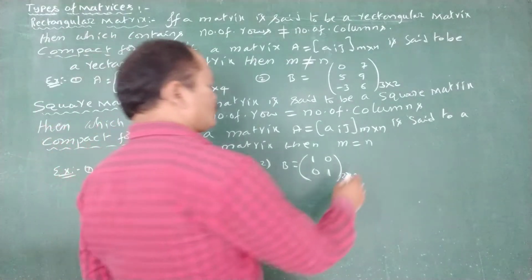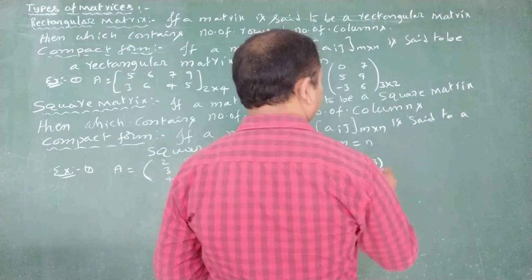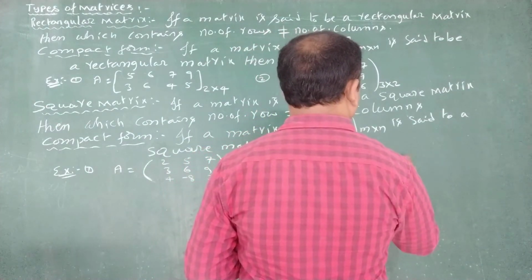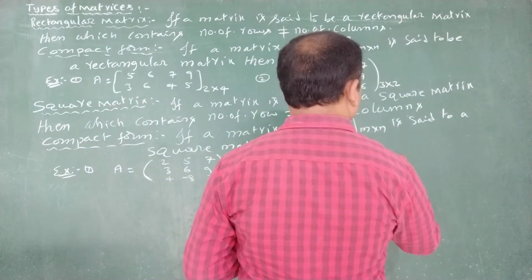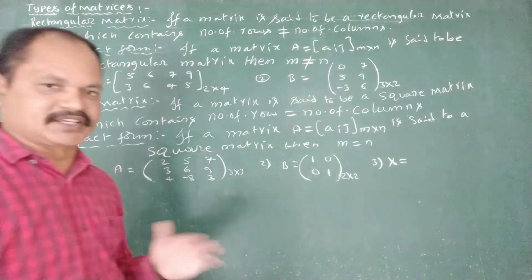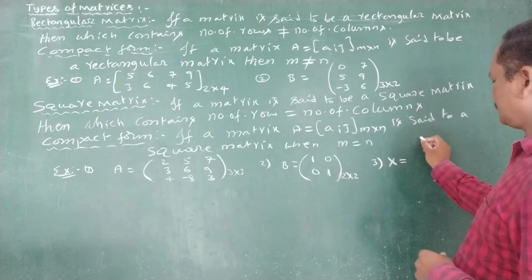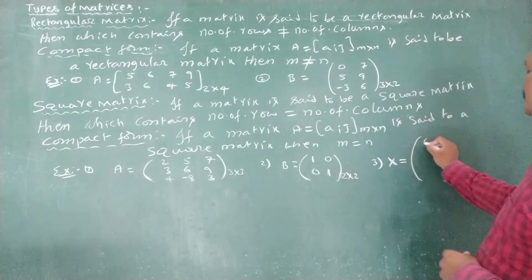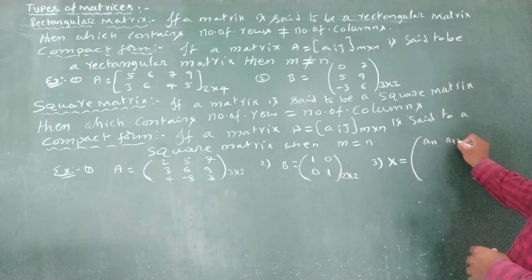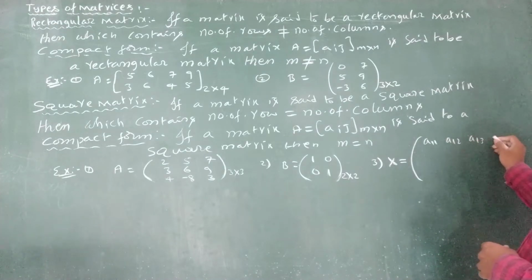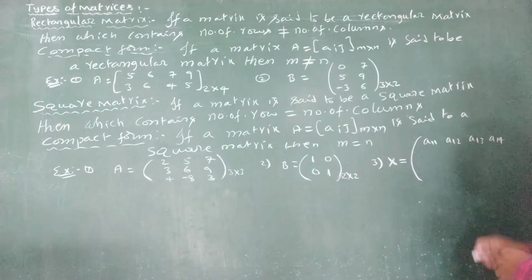Like that, we have to take example 3. That is taken as, suppose X. X is the matrix such that here we have to take A11, A12, A13, A14.